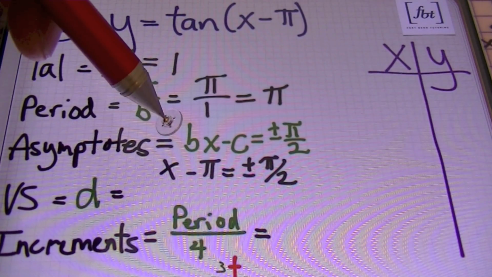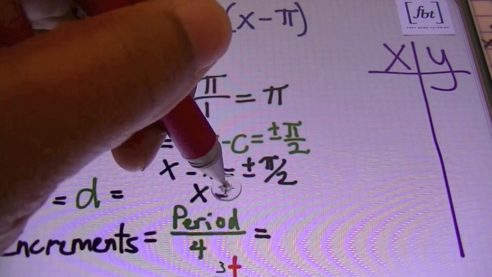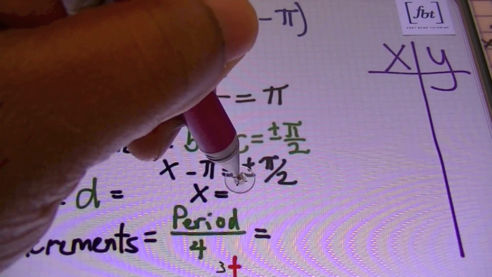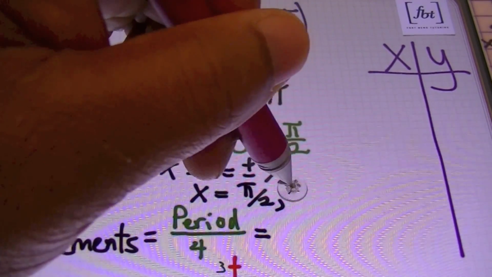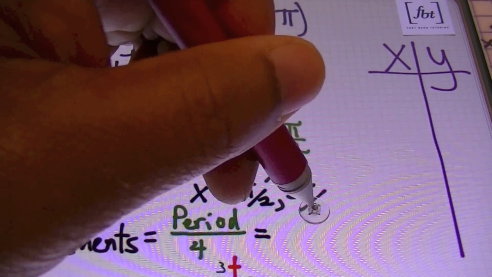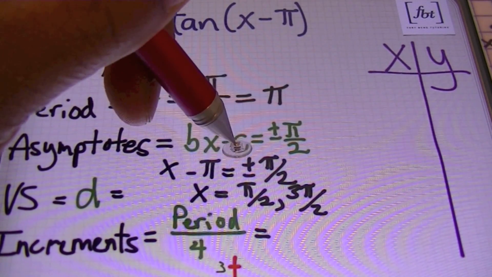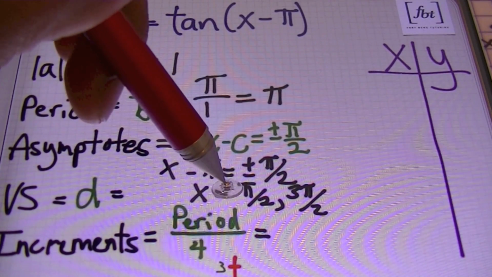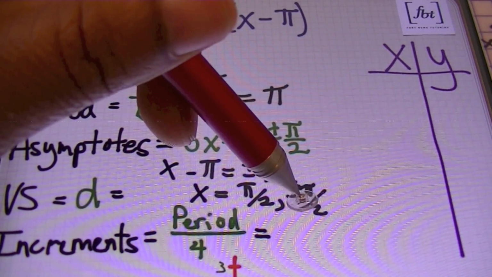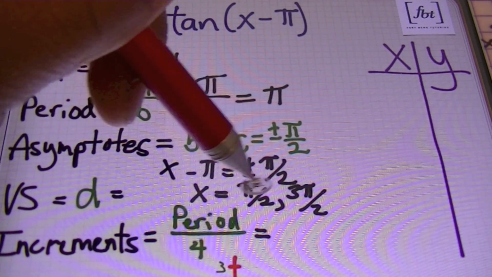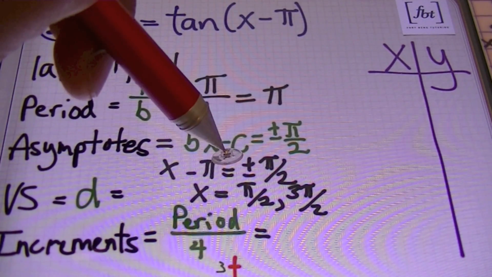When you solve for x, ladies and gentlemen, in this problem here, you'll end up with 2 values. Those 2 values will be pi over 2 as well as 3 pi over 2. So those are the results of the equation x minus pi equals plus or minus pi over 2. We'll end up with pi over 2. That'll be our starting point. And 3 pi over 2, that'll be our end result. In other words, those locations are where the asymptotes will lie on our graph.